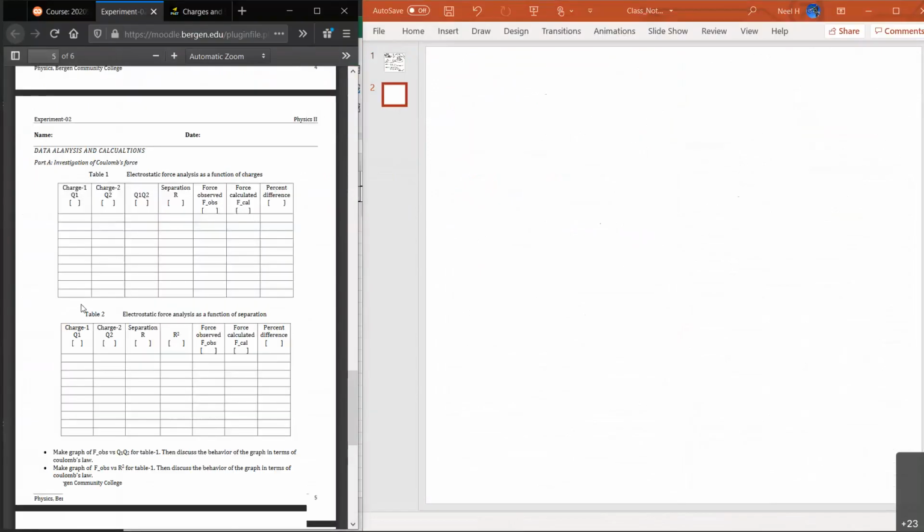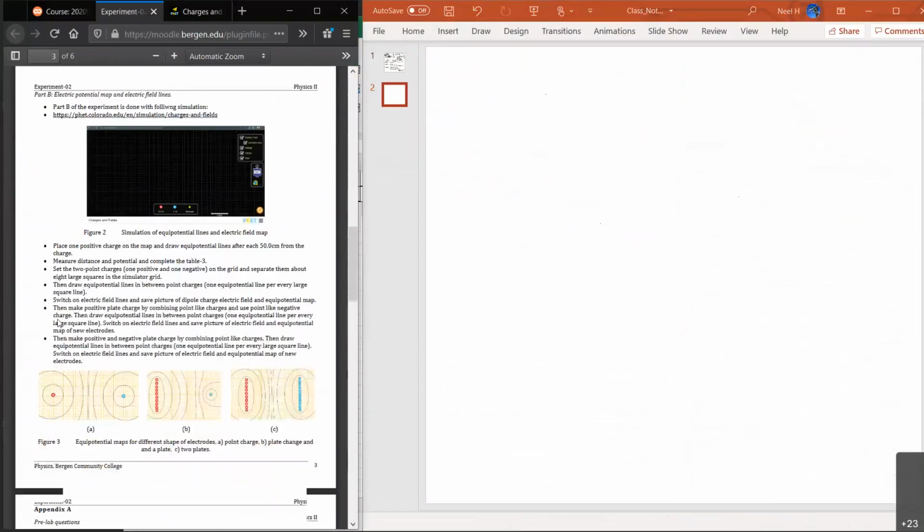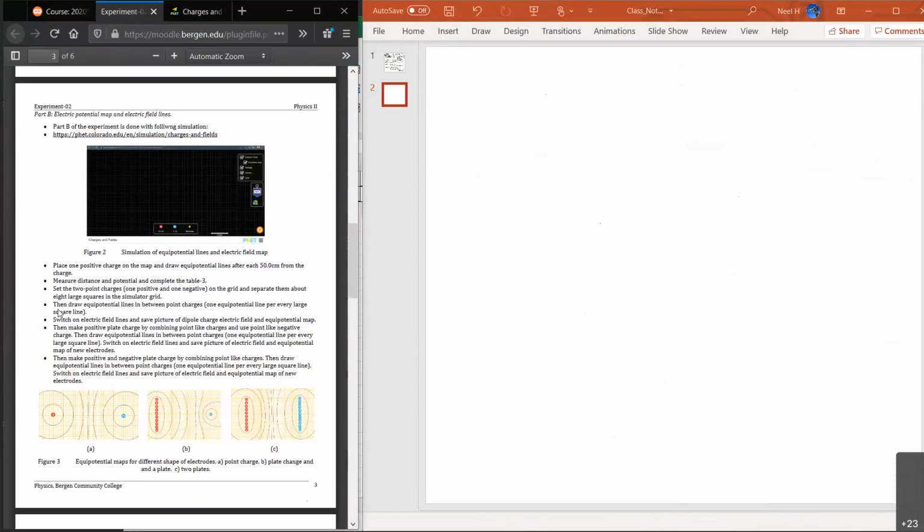In Part B of the experiment, we're going to make what we call equipotential maps. So what is an equipotential line? We still did not discuss the potential, but let's take a look at what it means first.